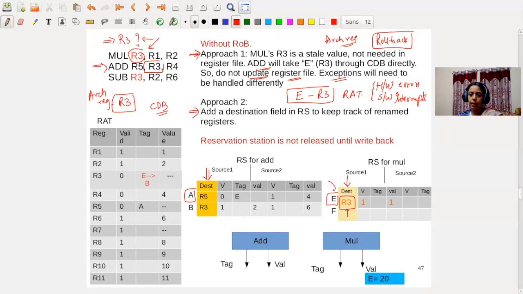Now here you can establish the connection between E and R3, and therefore you can write back to the architectural register R3. It is important that you do not release the reservation station until you complete the register write back. So these are the two approaches in which you can handle this particular question.